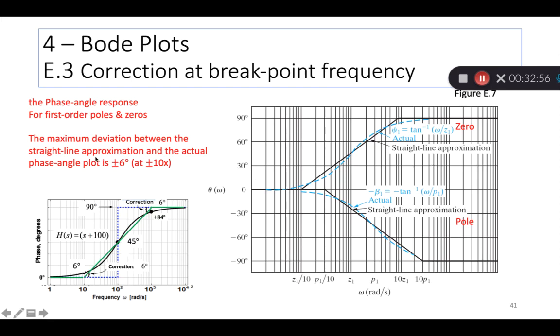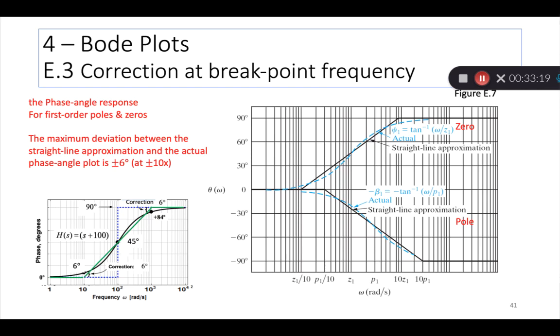He doesn't say too much except to make the following point: the maximum deviation between the straight line approximation, the solid line, and the actual phase angle plot, the dashed line, is the phase angle correction of plus or minus 6 degrees maximum.